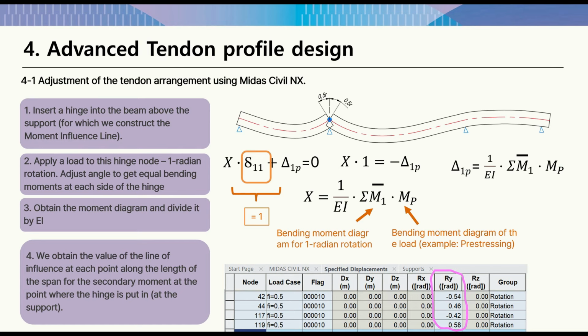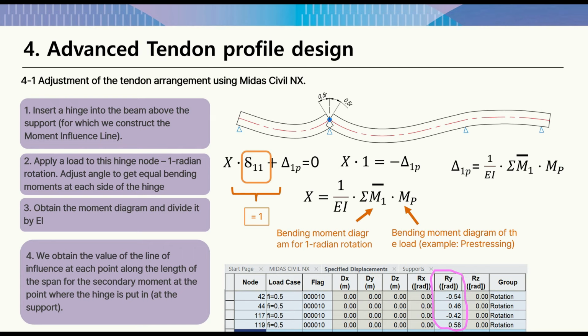First, insert a hinge into the beam above the support, for which we construct the moment influence line. Then apply a load to this hinge node, 1 radian rotation, and adjust the angle to get equal bending moments at each side of the hinge.